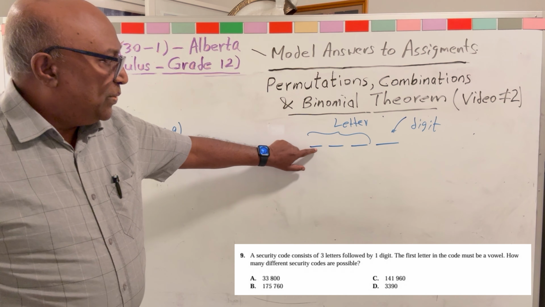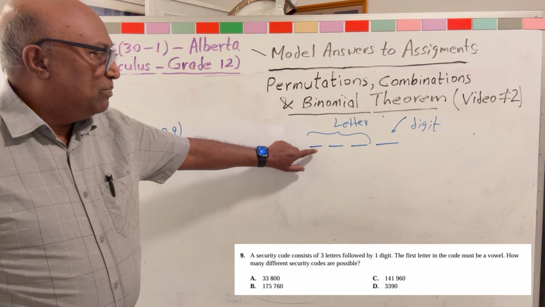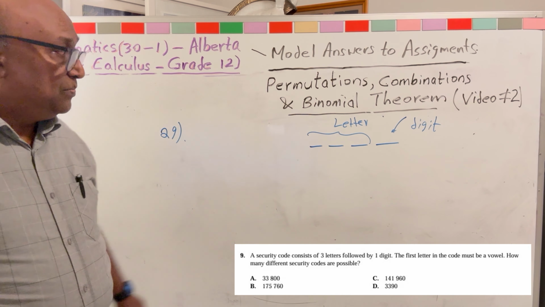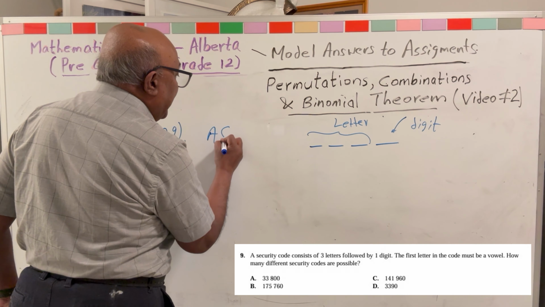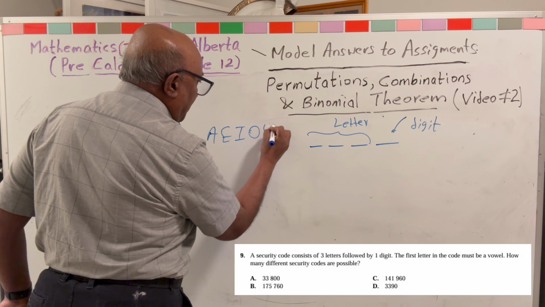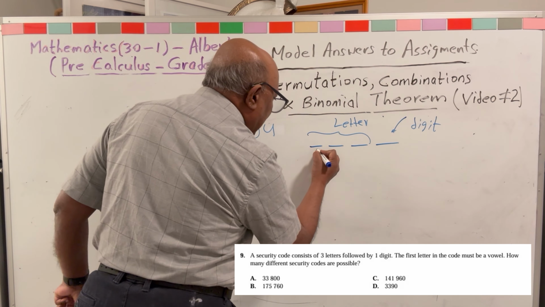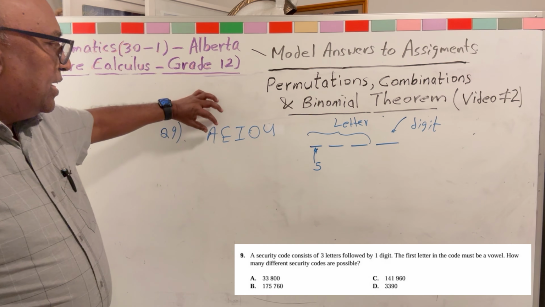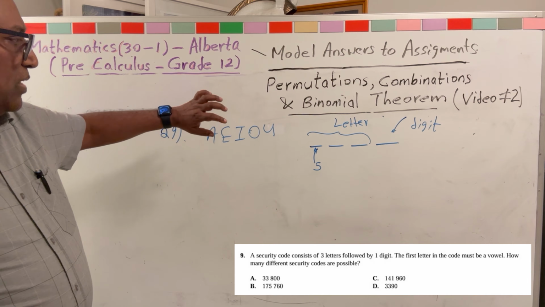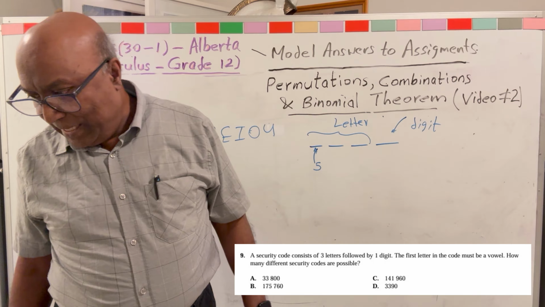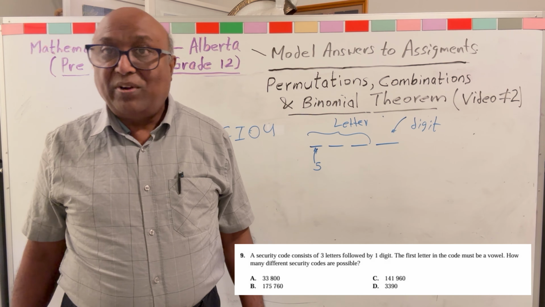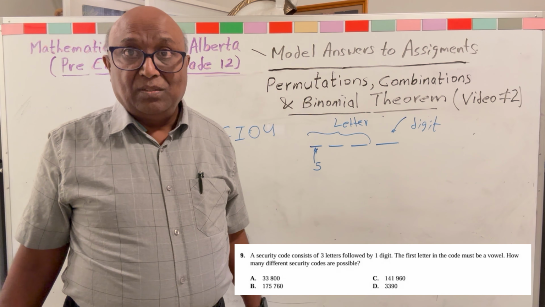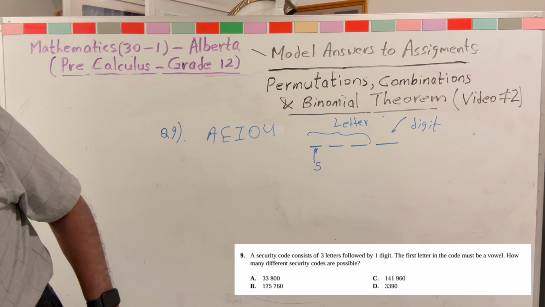Now, how many ways of filling the first space? We have to fill the first space using a vowel. That means we have to use A, E, I, O, U. That means there are 5 ways of filling the first space. Repetitions are allowed.